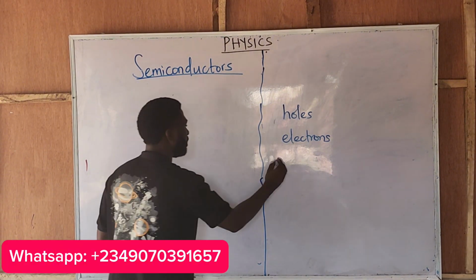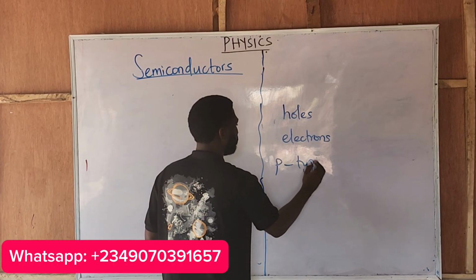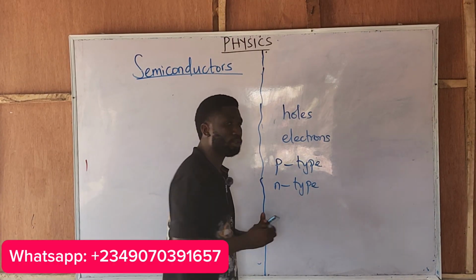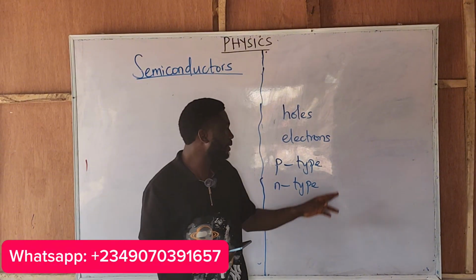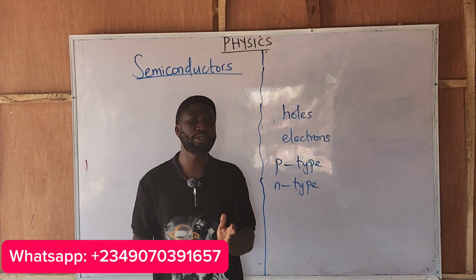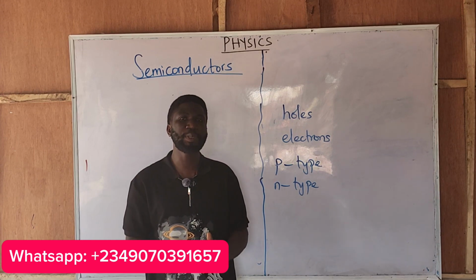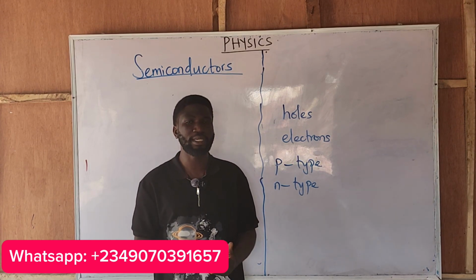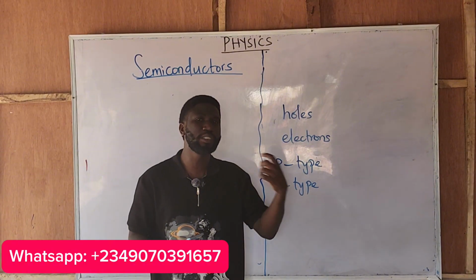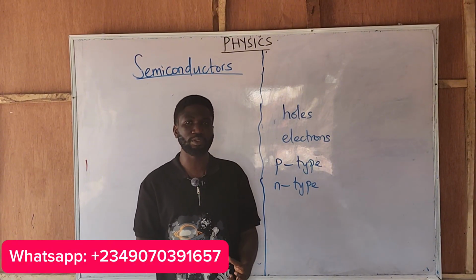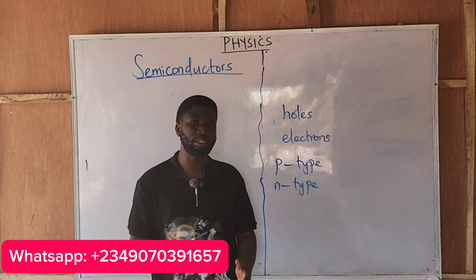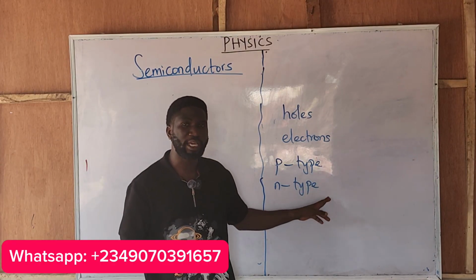So you need to take note that both the p-type and the n-type semiconductors are impure semiconductors. If we have a pure semiconductor, let's say silicon or germanium, and we add an impurity to it, it now becomes an impure semiconductor. It could be the p-type or the n-type.